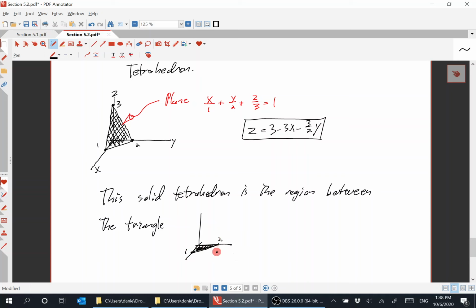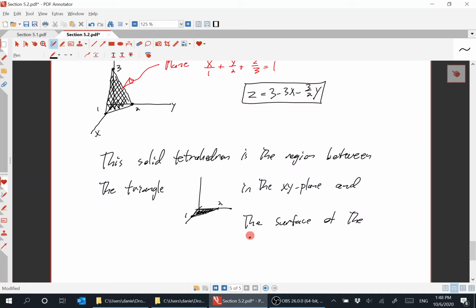Between that triangle and the xy plane and the plane z is equal to 3 minus 3x minus 3 halves y.